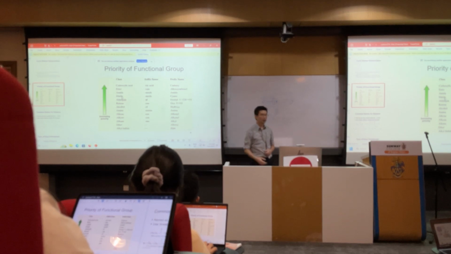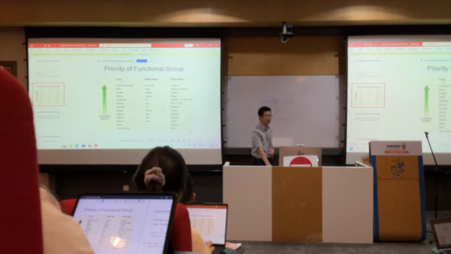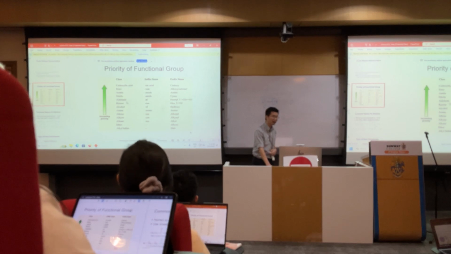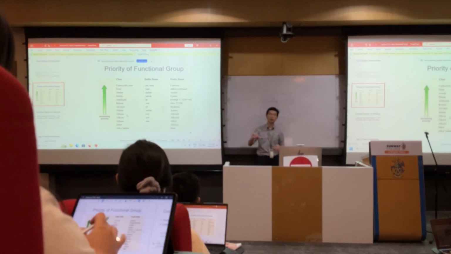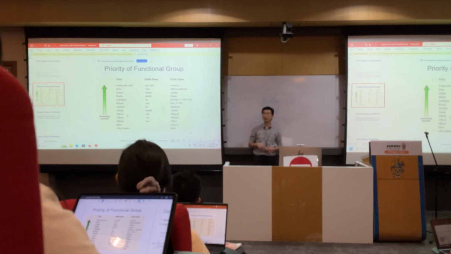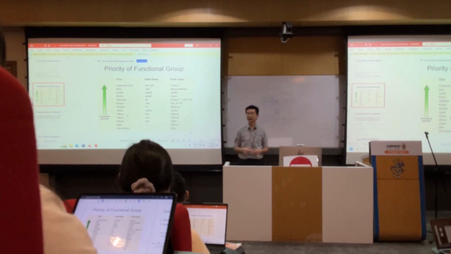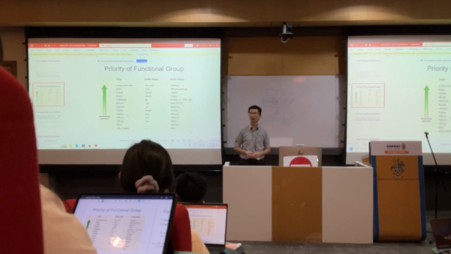So the class of compound is regarded as a carboxylic acid, followed by aldehyde or alcohol, and then alkane. Alkyl halide has the lowest priority, so we always give the halogen as a substituent: iodo, bromo, or fluoro. We do not regard it as a functional group.